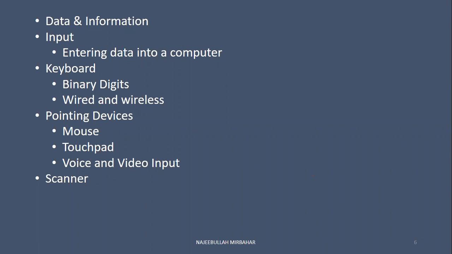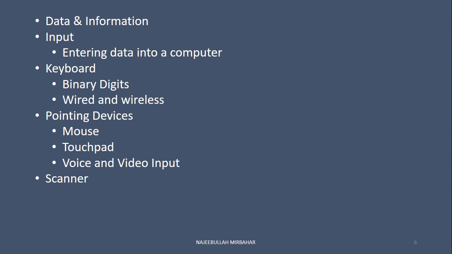If you want to type a letter A on your computer, A is not A in computer language, but a binary code. Suppose the code of A is 65. When it is converted into binary digits, it goes as ones and zeros.